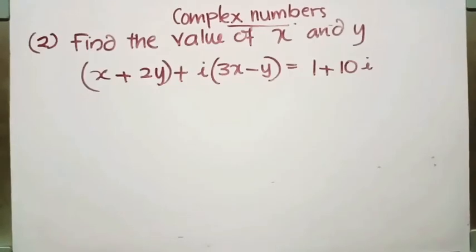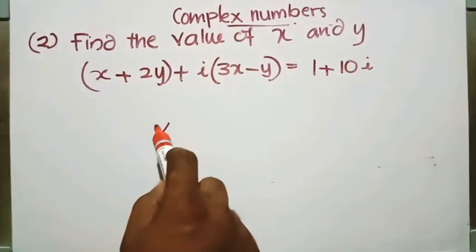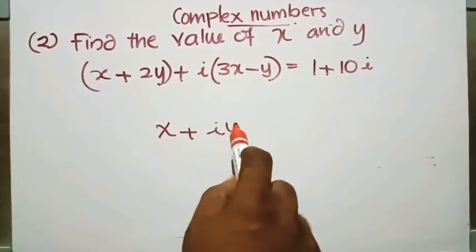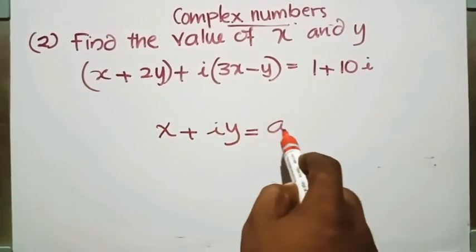Now look at this question. Find the value of x and y if x plus 2y plus i of 3x minus y is equal to 1 plus 10i. When you get a question like this, what method can be used? Here we can use the method of equal complex numbers.